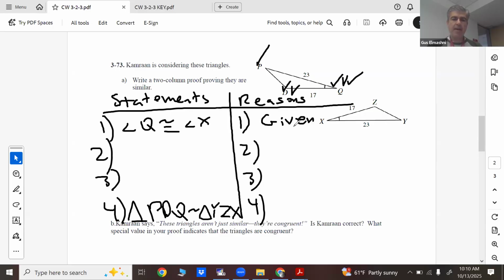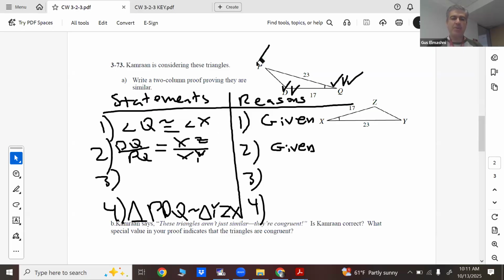And by the way, I could also say that DQ over PQ, what's that ratio? 17 to, so what else has that ratio? XZ to, perfect. That's also given. So guess what? Those first 2 steps were already given to you. That's lovely.